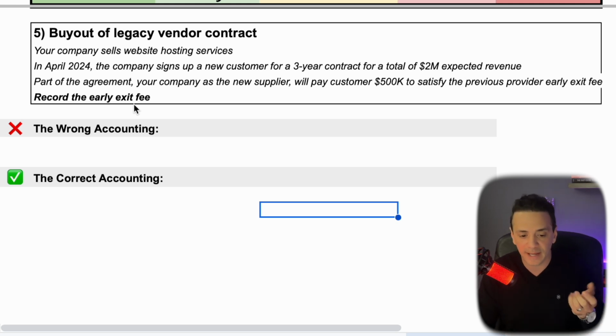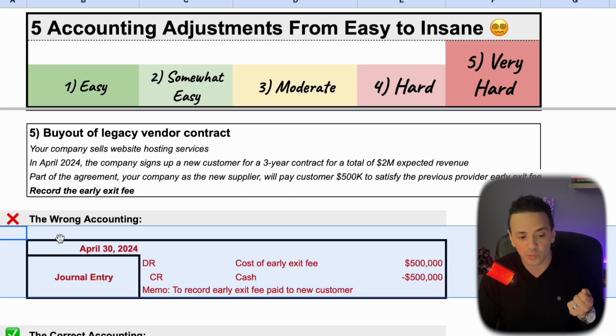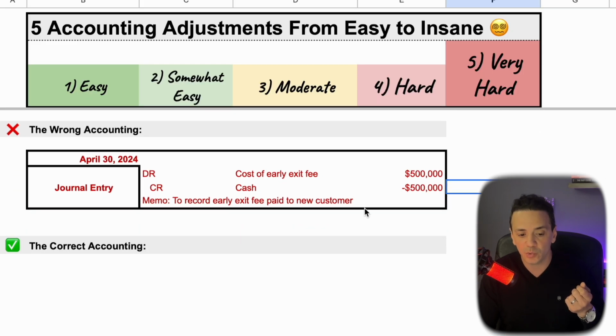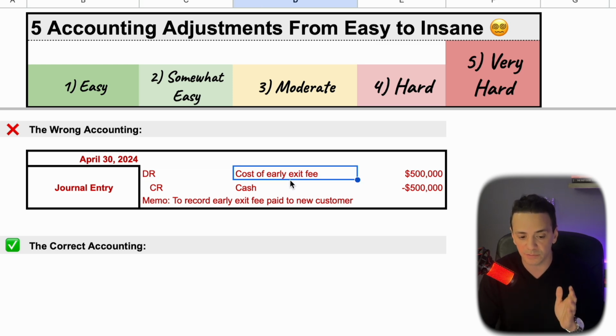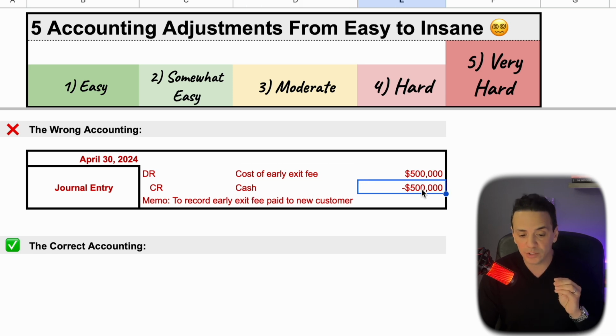To record that $500,000, the wrong accounting treatment for it would be to record the entire amount as a period cost in the current period, debit $500,000 cost of early exit fee, and a credit to cash $500,000.